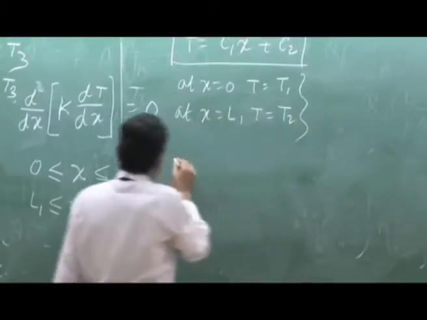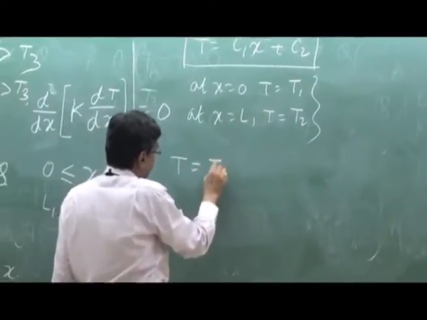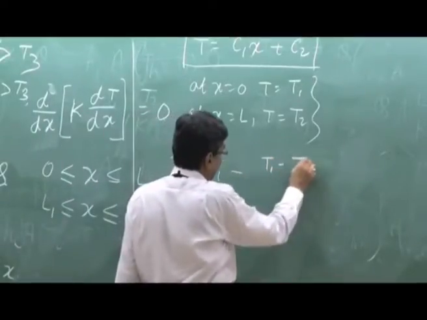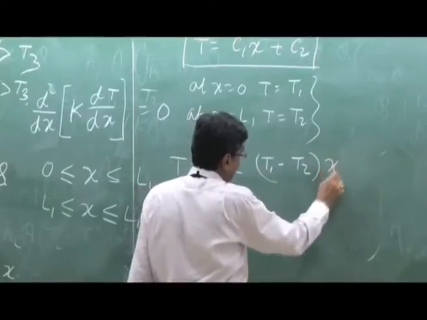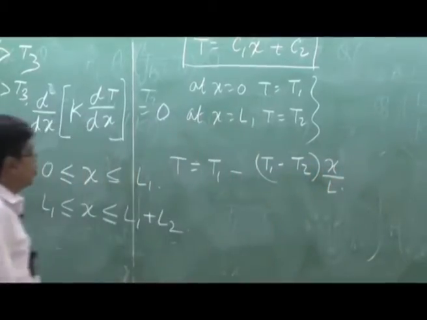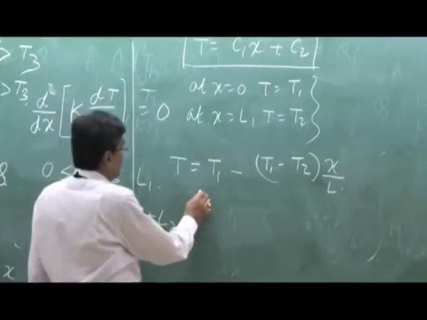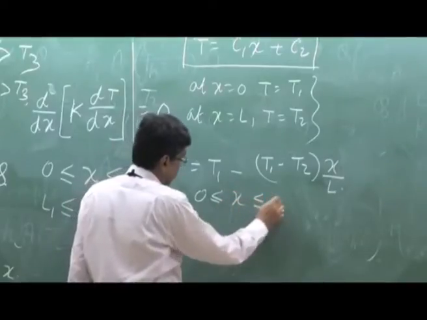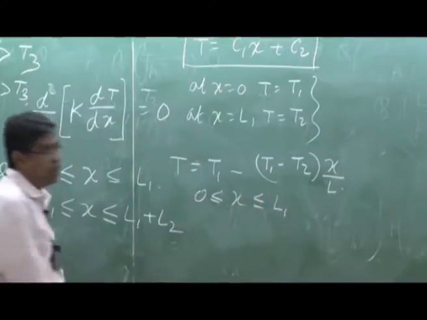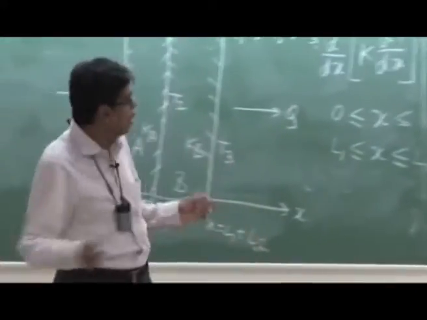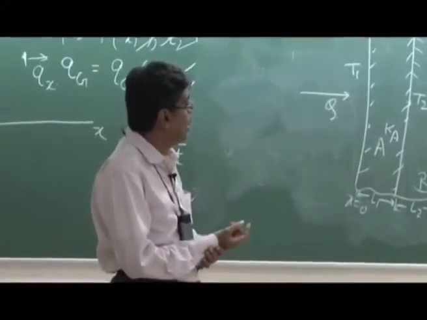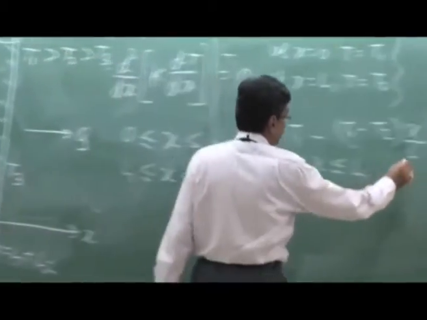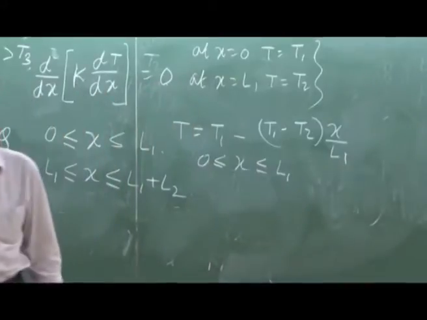And we immediately get an expression, T is equal to T1 minus (T1 minus T2) times x by L1, which is valid for 0 ≤ x ≤ L1. So at x equals 0, T1, and at x equals L1, T2. Clear? x by L1.